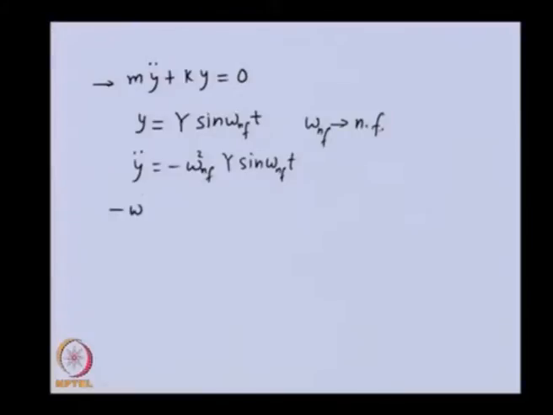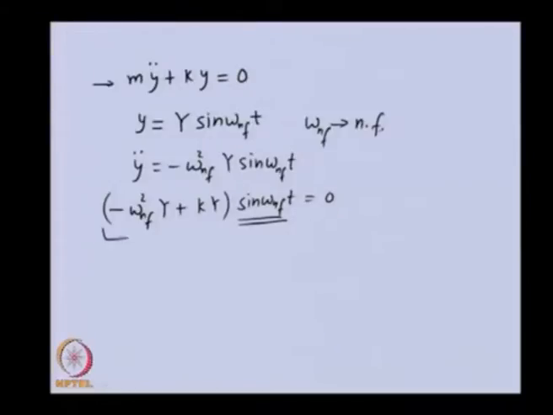So, we will get sin omega n t outside, because this term cannot be 0 for all values of time.